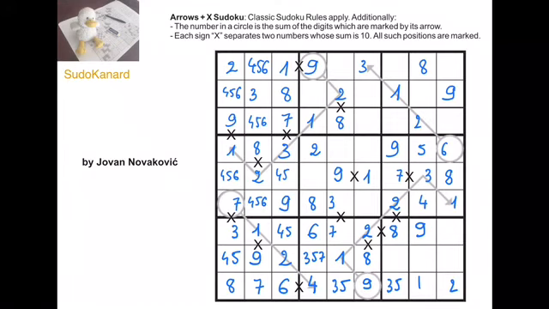This 4 eliminates this possibility, this option. Now, this can only be a 5. 5, 7, this is a 3. We get a 5 down there, and this 3. This is a 4. That's a 6.